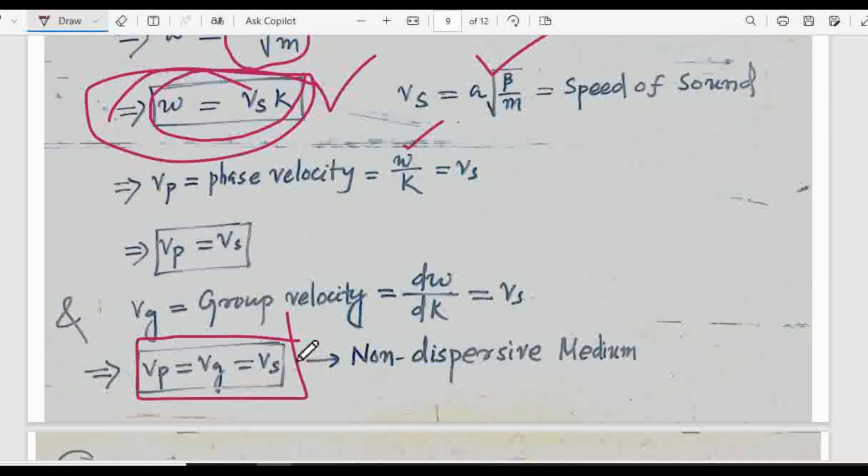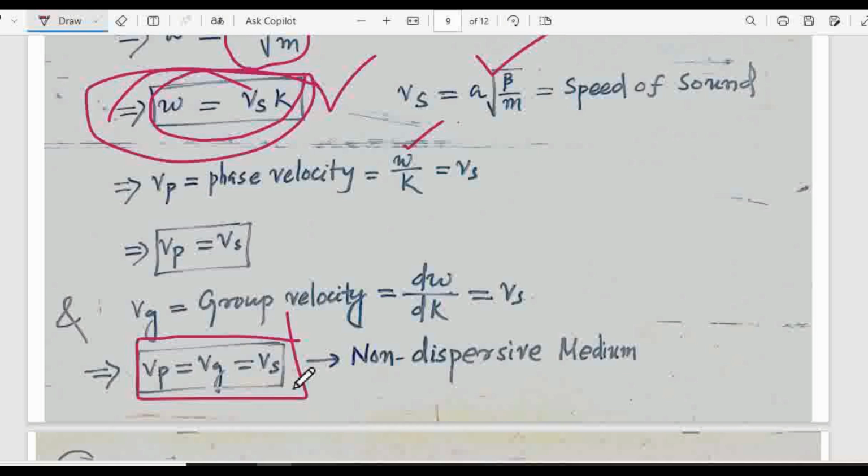Do you see any dispersion? When white light is passed through a vacuum, do you see any dispersion of light? Seven different colors are constituted in white light, but in vacuum you do not see the seven components of the light.